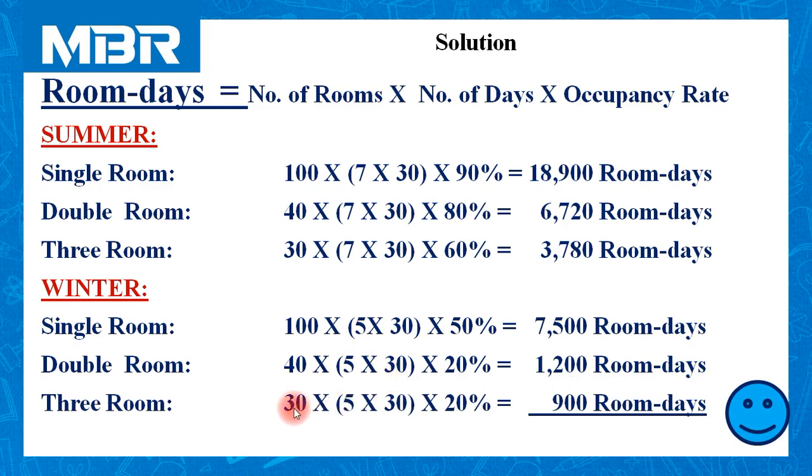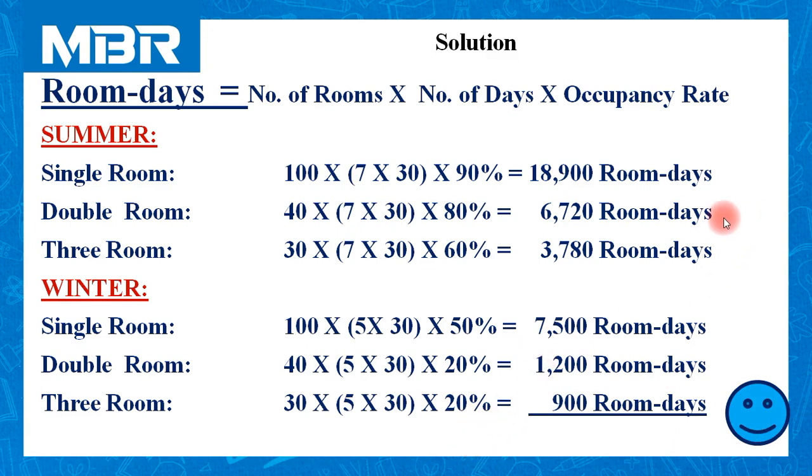And 3 room: we have 30 rooms dedicated to 3-room suites. The period is 5 months of 30 days each, and the occupancy rate is 20%. So the number of room days is 900.